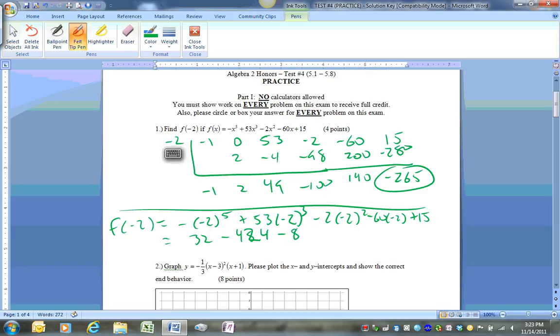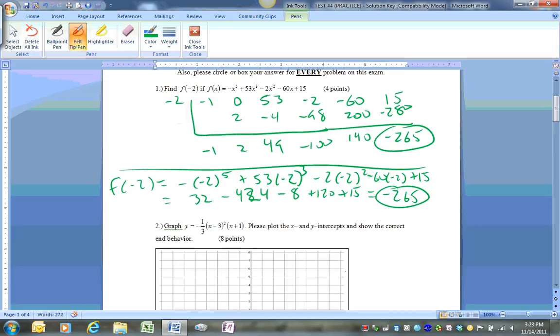Minus 8 plus 120 plus 15. Yeah, I told you it's not a very pleasant problem. But you would get negative 265 if you worked it out this way as well. Those are your two options. Synthetic's probably a little better.